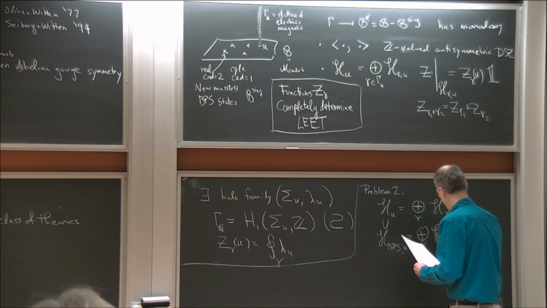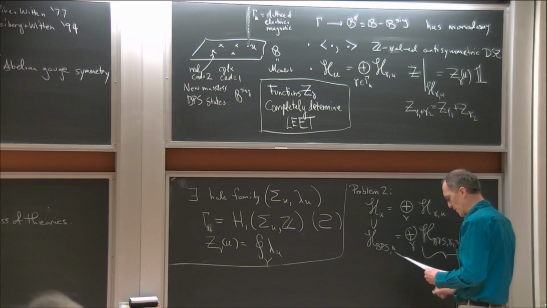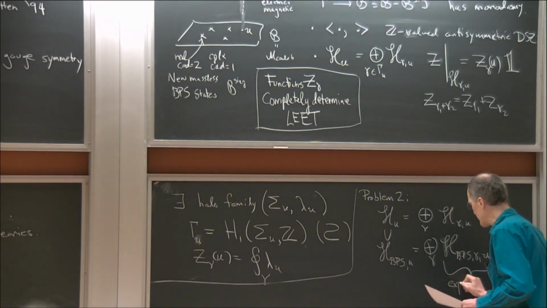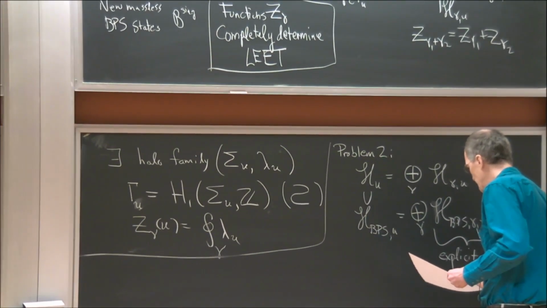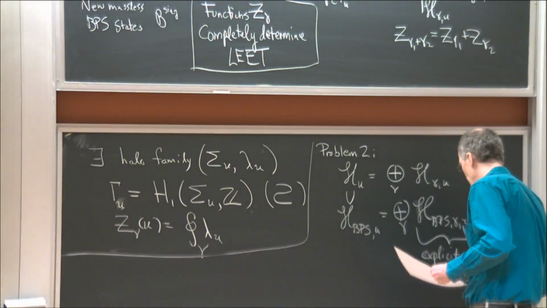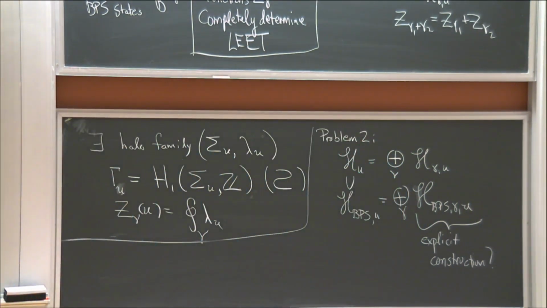So this is the problem. We want to give an explicit, or as explicit as we can, construction of these spaces, or at least say something about the dimension. Or even a cruder question, which is still a hard question: when are these spaces 0 and when are they not 0?